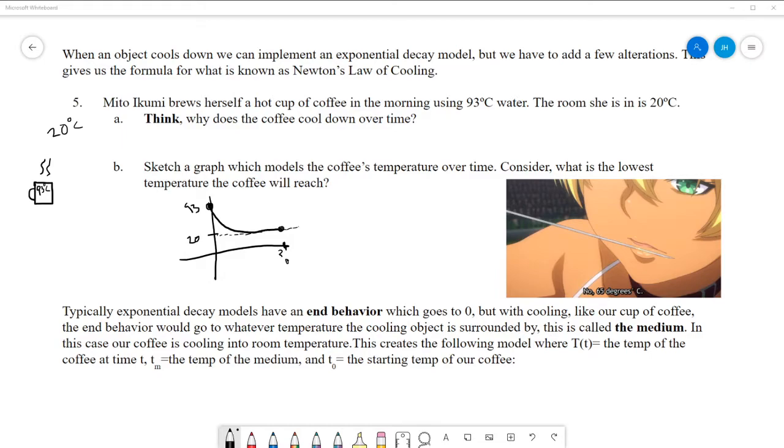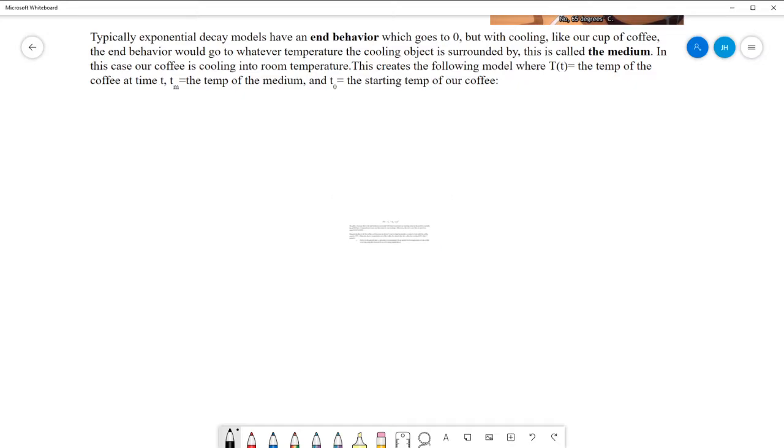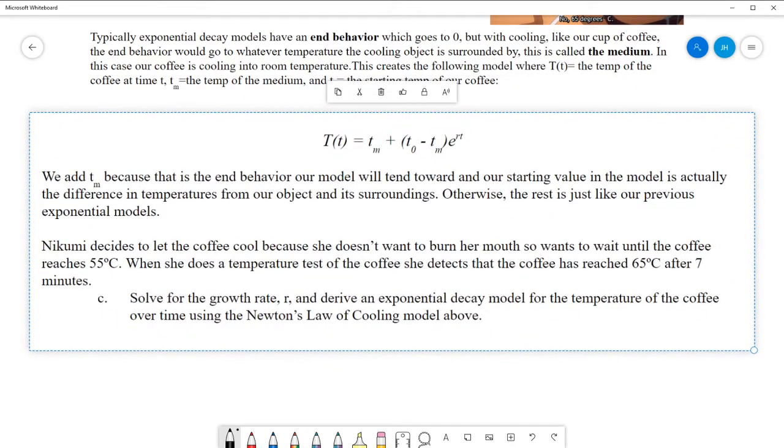So what we're going to do is talk about how this all relates to Newton's law of cooling. To do that, we need to first take a little screenshot of the next section, post that in here, expand it a little bit, and let's talk about this.